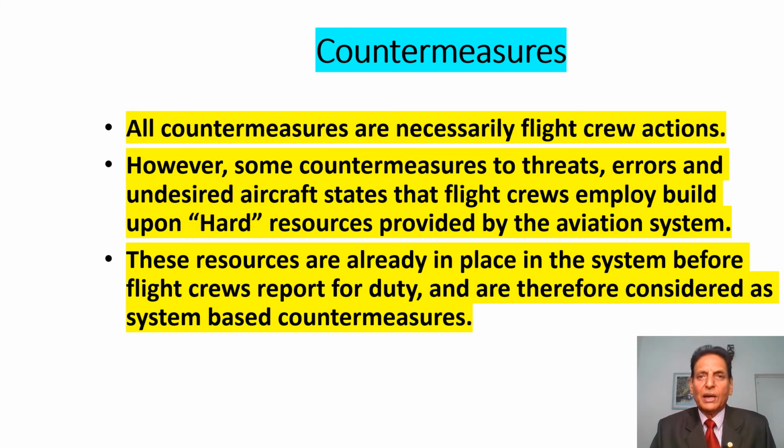However, some countermeasures to threats, errors, and undesired aircraft states that flight crews employ build upon hard resources provided by the aviation system. These resources are already in place in the system before flight crews report for duty and are therefore considered as system-based countermeasures.